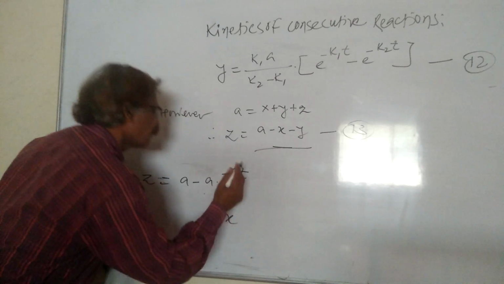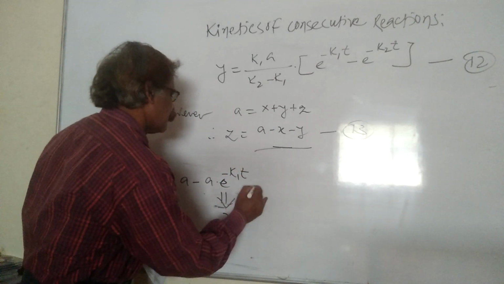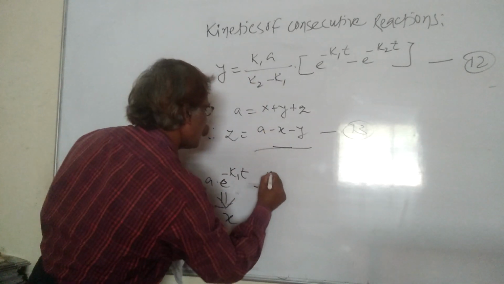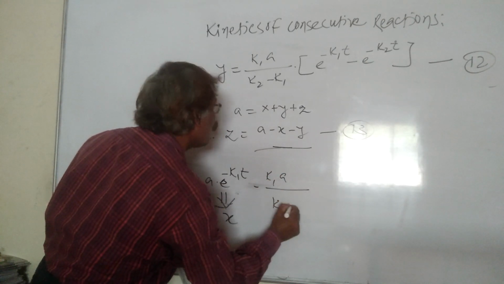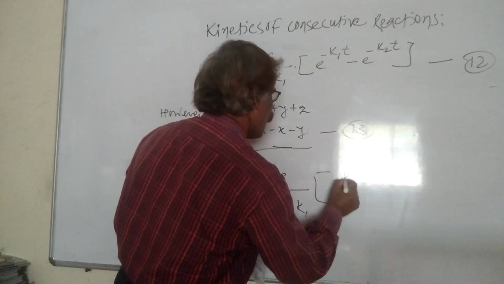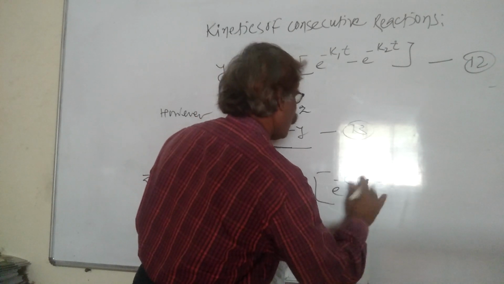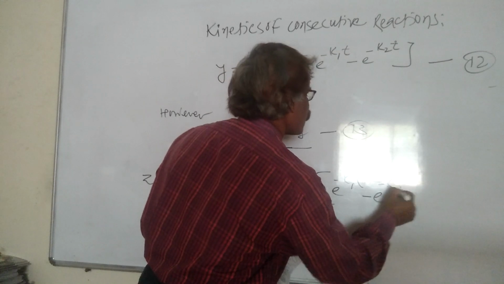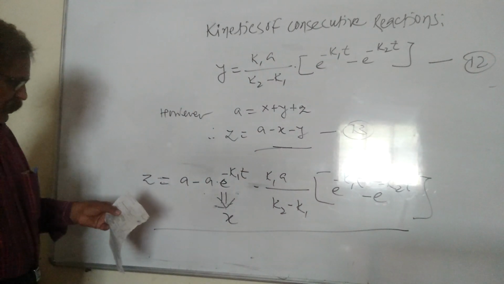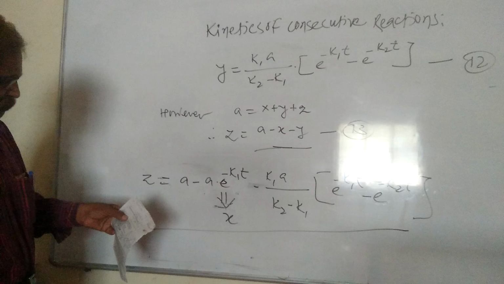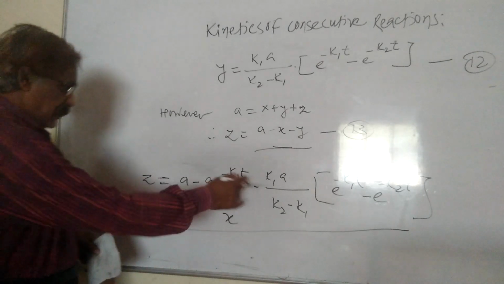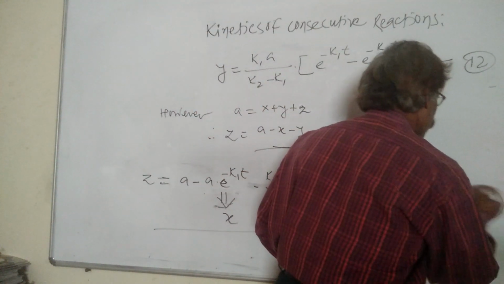X minus y, k1a upon k2 minus k1 into e to the power minus k1 into t minus e to the power minus k2 into t. Okay. This is what z is equal to. So z is equal to this, and let us suppose this is equation number 14.